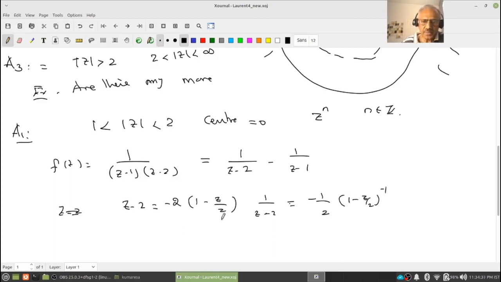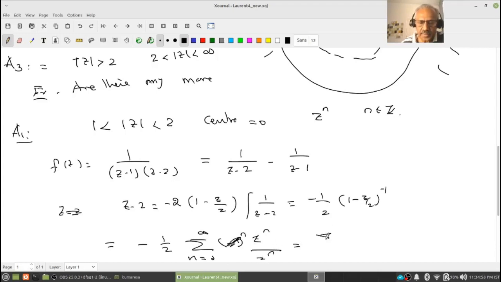Therefore, I have a power series expansion for this. The power series expansion is minus 2 summation n equal to 0 to infinity, minus 1 to the power n, z power n by 2 power n.